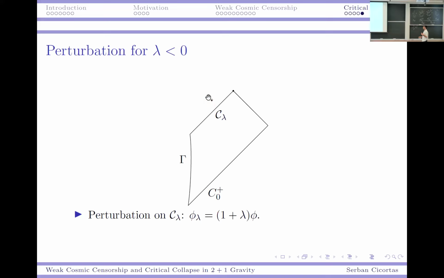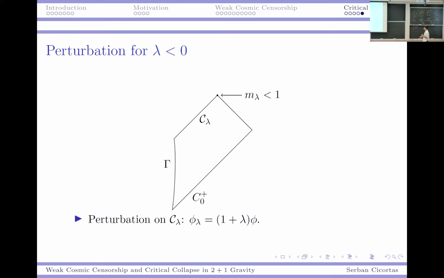And why does this not collapse in the future? Well, basically, my perturbation is chosen when lambda is negative. This decreases the amplitude of the scalar field. But the mass measures the energy of the scalar field, so decreasing the amplitude actually decreases the mass. So you can construct everything in a way that when lambda is negative, the mass precisely on this sphere will be less than 1. So I'm decreasing the mass to drop just below 1.